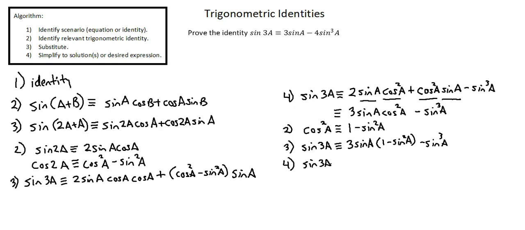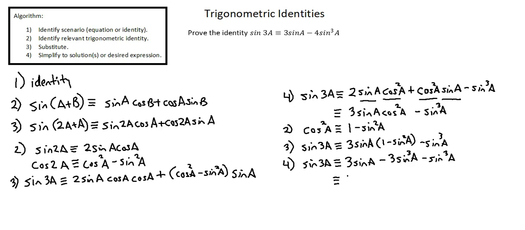Sine 3a is an identity with, we'll distribute 3 sine a. 3 sine a times 1 is 3 sine a. 3 sine a times negative sine squared a is minus 3 sine a cubed, minus sine a cubed.